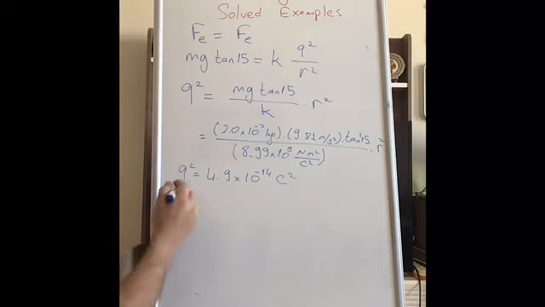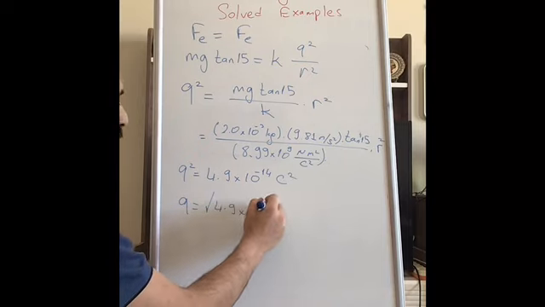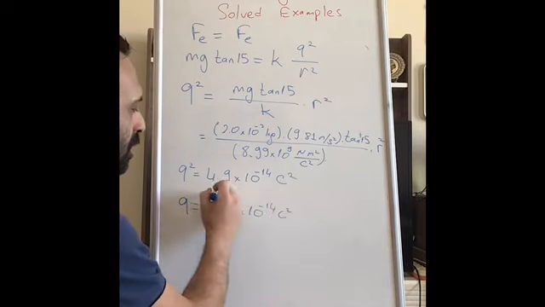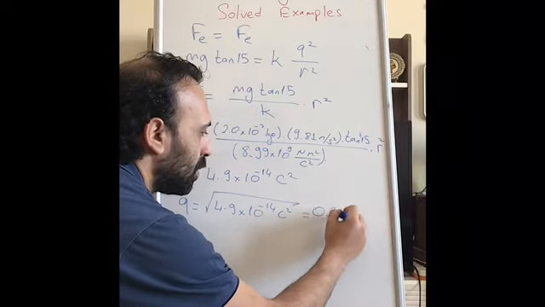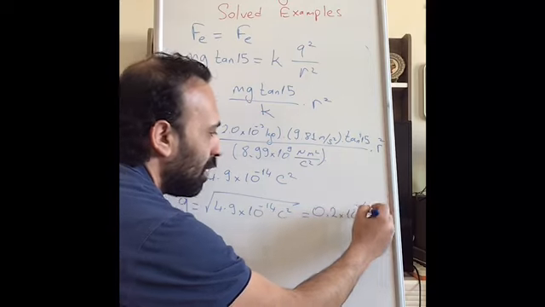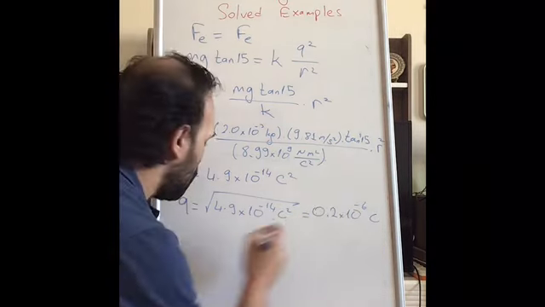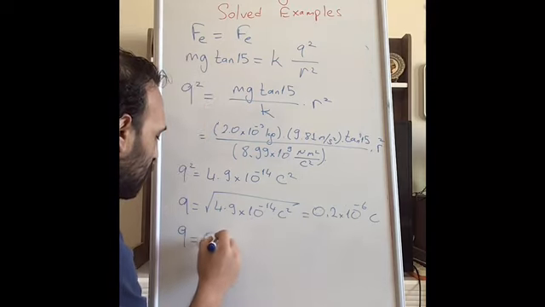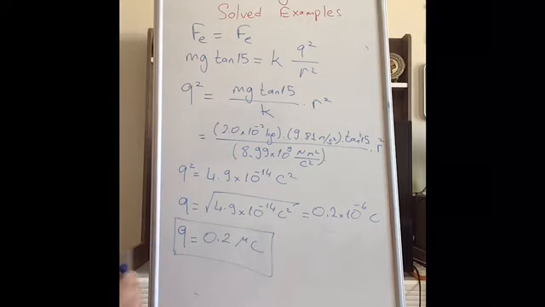To find q, we just need to take the square root of this number, the square root of 4.9 times 10 to the minus 14 Coulomb squared, which will give you 0.2 times 10 to the minus 6 Coulomb. 10 to the minus 6 is actually the micro, so we can also write q will be equal to 0.2 microCoulomb. And this is the answer of this problem, the third problem in our document.